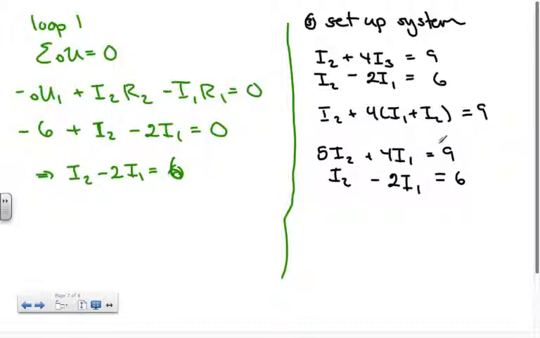Now, from here, it's just a matter of mathematics, recognizing where you are. So, multiply everything by 2.